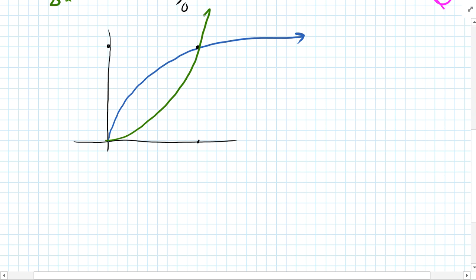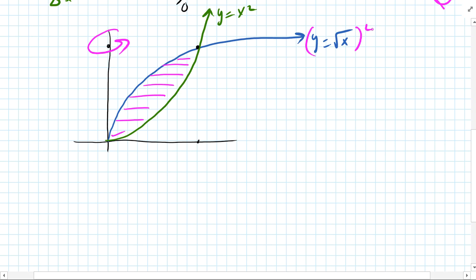Okay, this is y equals x squared. This is y equals square root of x. And now I want my cross sections to be perpendicular to the y-axis because I am revolving around the y-axis. Do I have an issue already? Everything's supposed to be in terms of y. Uh-oh, what do I do? Just square it.